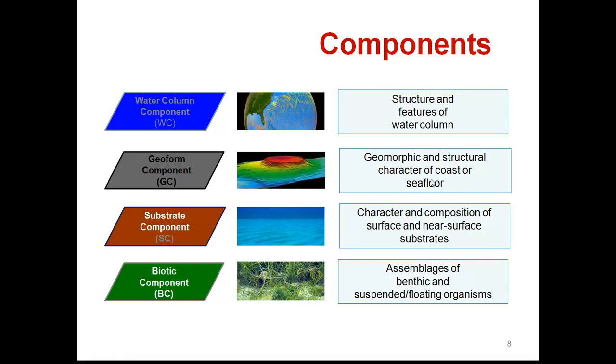Do we have seamounts? Do we have things like trenches or ridges that are going to influence the depth of surface that's available to organisms, currents, flow, and in turn the types of organisms we're going to find? We have the substrate component, so this is whether we have a hard bottom or a soft sedimentary bottom, if it's muddy or whether it's sandy, that kind of thing.